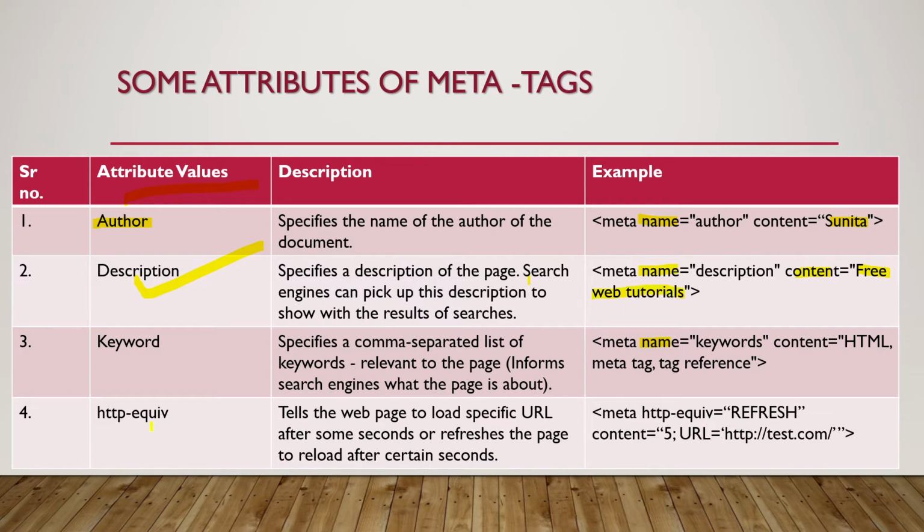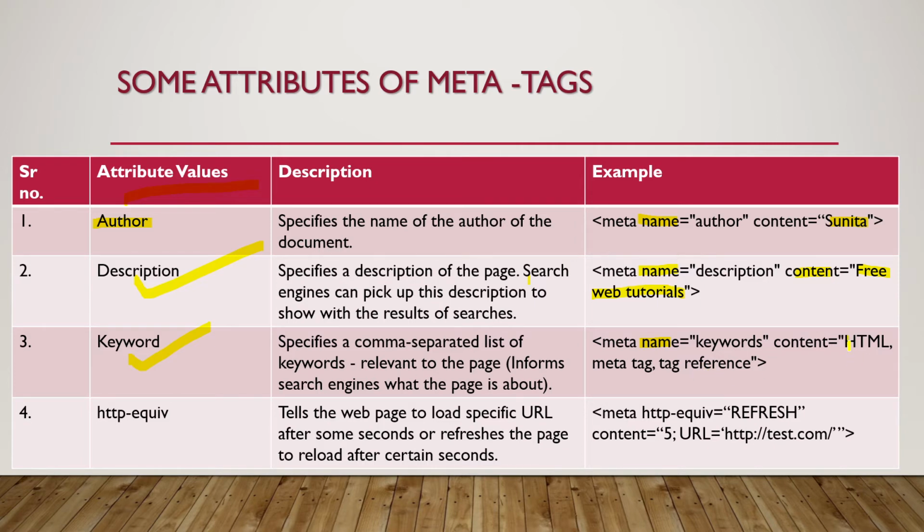So in the content part I have written free web tutorial. Okay. Next one is keyword. Keyword specifies the keywords or the specific words that are going to be searched with the information of the web page. So here the name of the attribute is keyword. In the content I have written three keywords, that is HTML, meta tag, and tag reference.